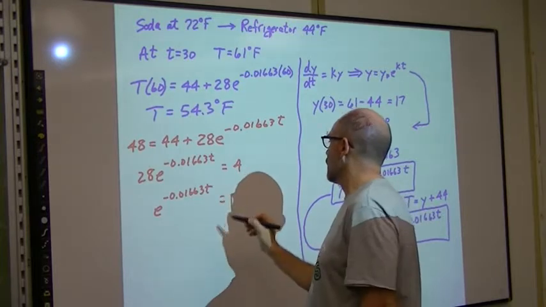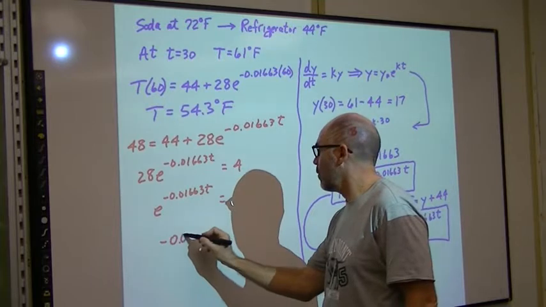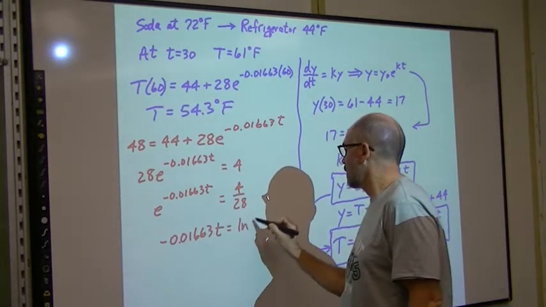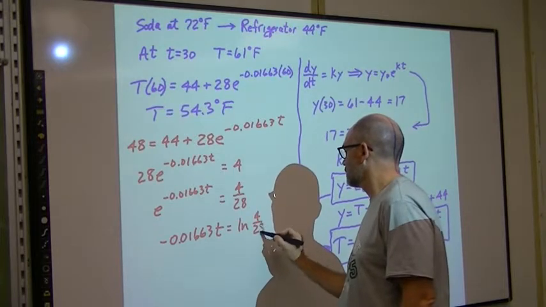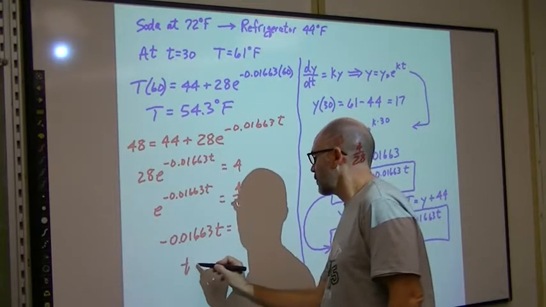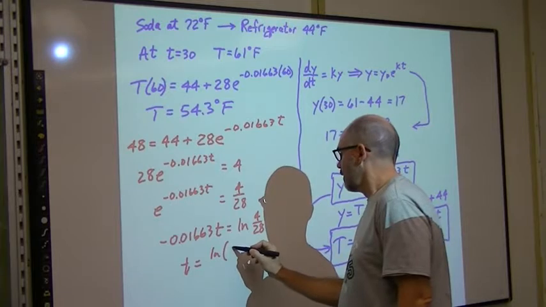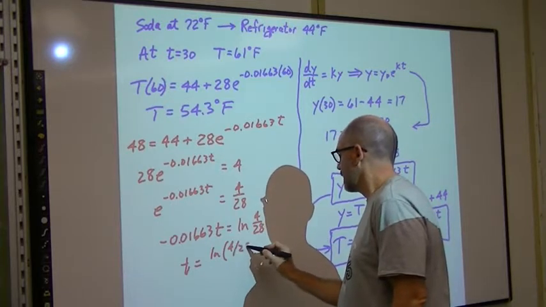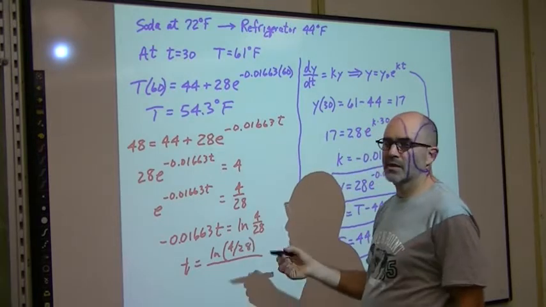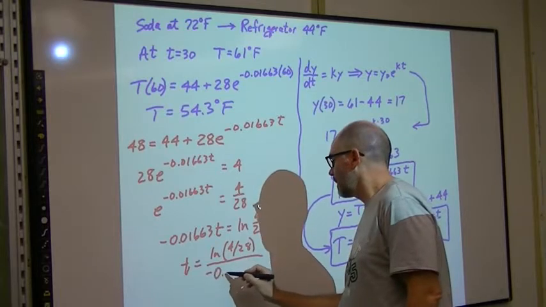So I take the natural log of both sides, and negative 0.01663t equals natural log of 4/28. And then divide out the 0.01663, so t equals natural log of 4/28 over negative 0.01663. Now notice that's less than 1, so that natural log is going to be negative. So when I divide a negative by a negative, I'll get a positive.